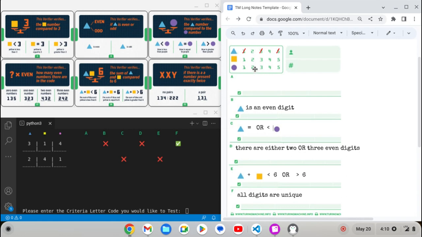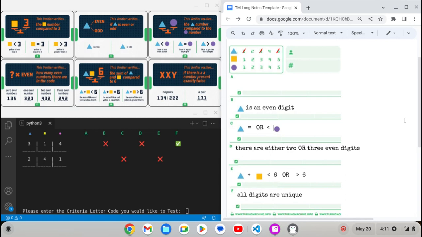Well, we know we can't have pairs. So it can't be 2 for triangle and 2 for circle and something different in square, unless it's the same one. And again, it goes back to the idea that it could be all the same. So in that case, it's going to be either all 2s or all 4s. So we'll just have to keep that in mind.